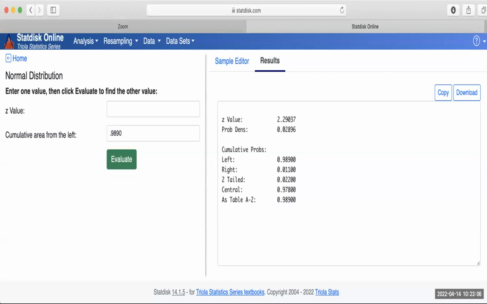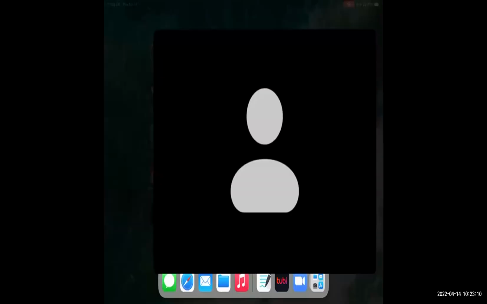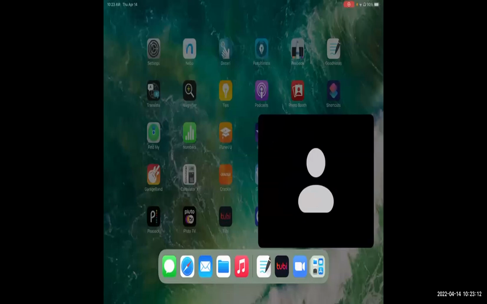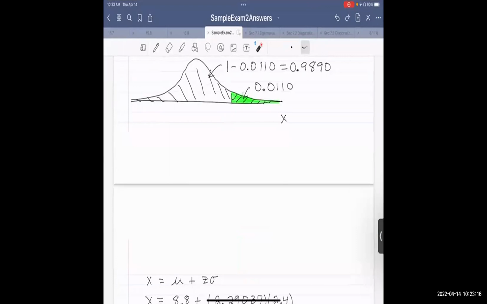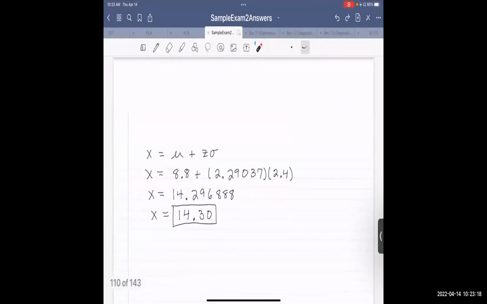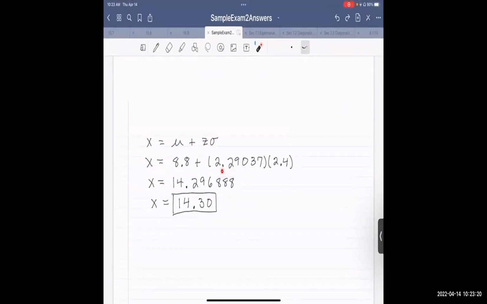I'm going to now have to use that in a calculation. And so I'm going to have to actually calculate this. Let's multiply it by 2.4, add 8.8 to it. So I get 14.296888, which I can round to 14.30.